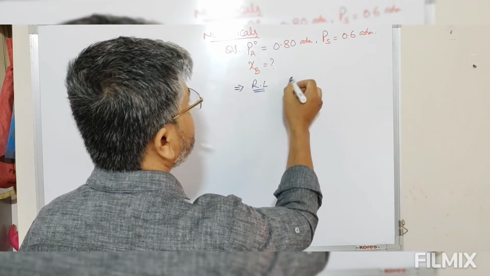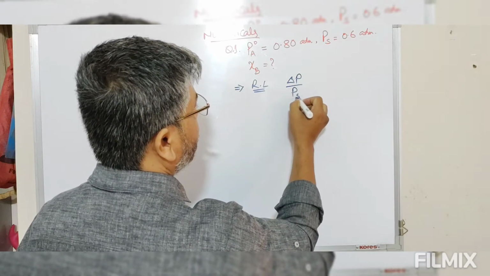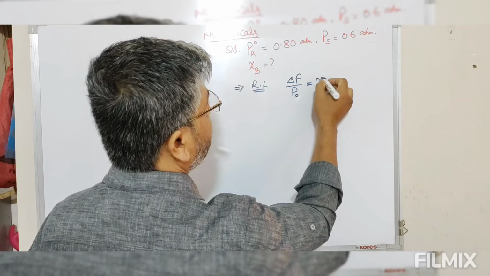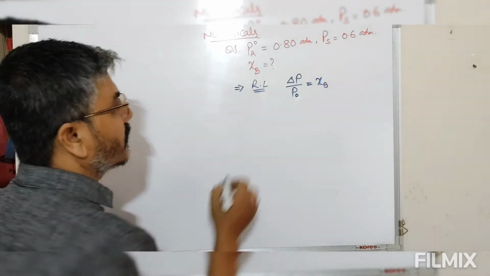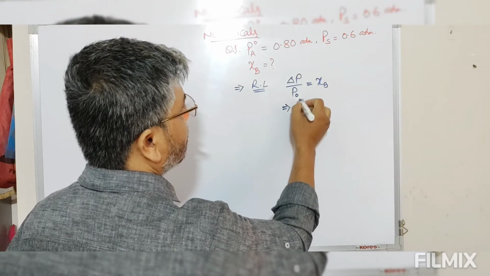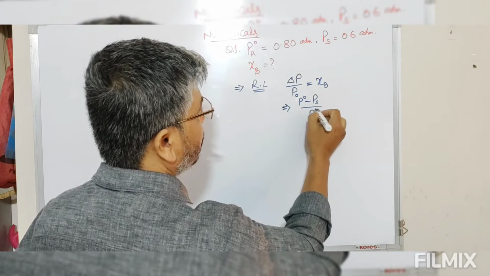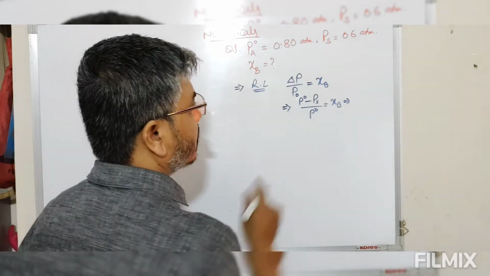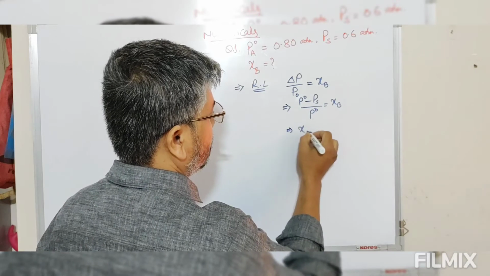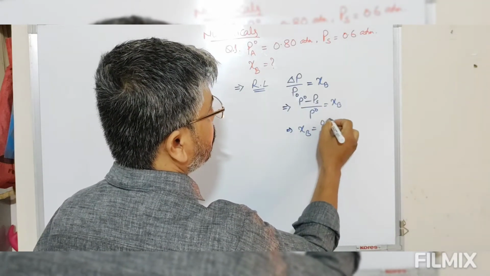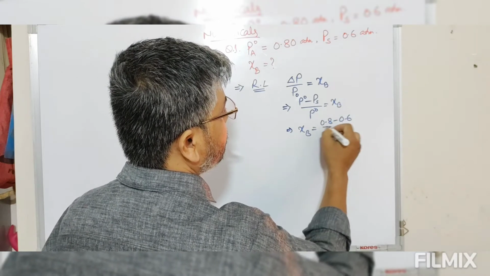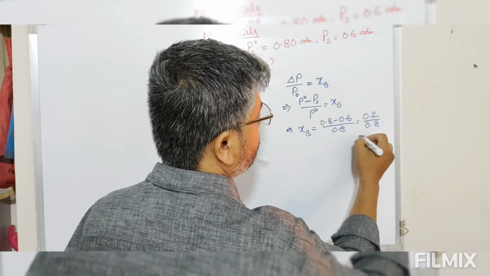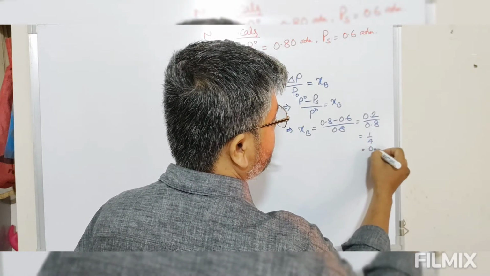So ΔP by P naught, that is (P naught minus PS) divided by P naught, is equal to the mole fraction of B. With P naught 0.8 and PS 0.6, we get 0.2 by 0.8, which is 1/4, or 0.25.